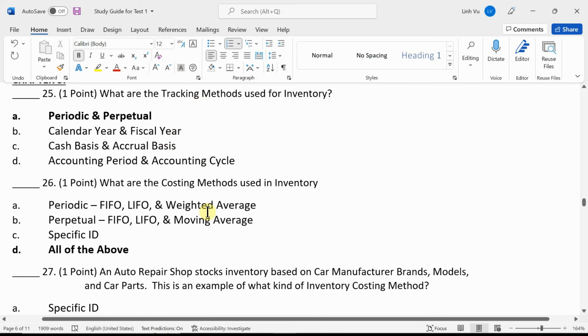So for perpetual, it's not called a weighted average, it's called a moving average. Honestly, weighted and moving average, when we actually calculate it, you're going to see why it's called a moving average. But at the end of the day, the better terminology is average costing because they both take the average regardless.